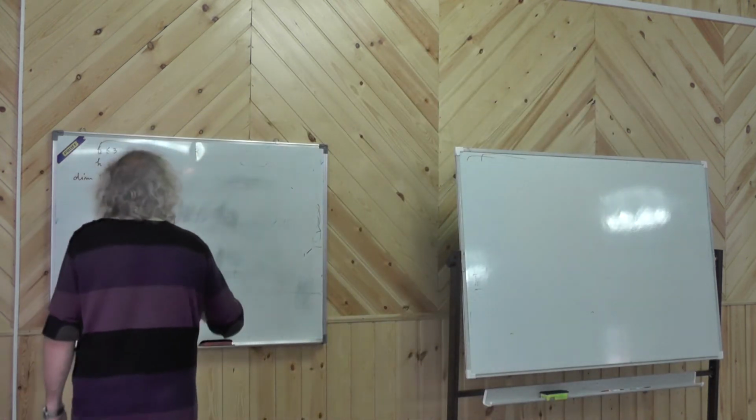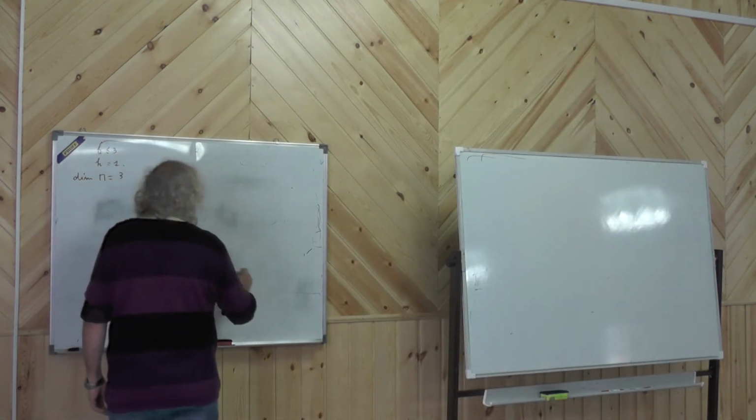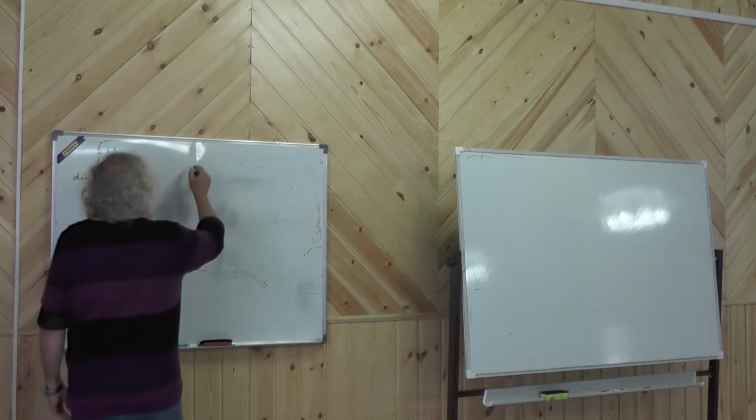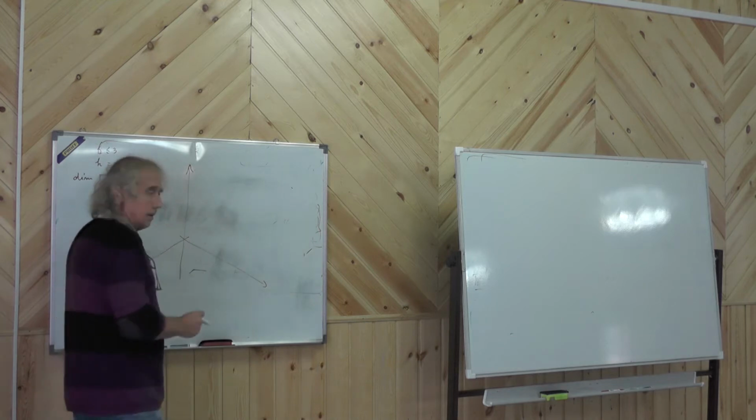Two-dimensional distribution in R3. Then in R3, what is the generic situation for a generic distribution?